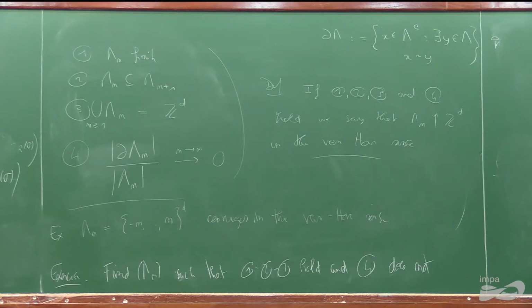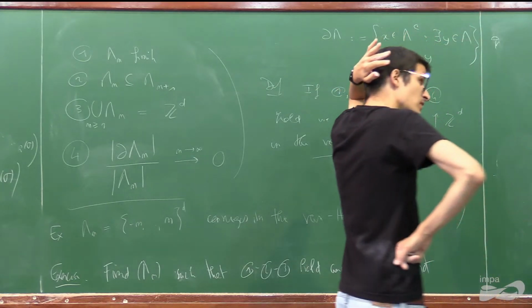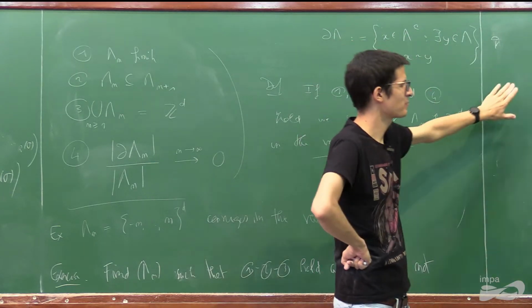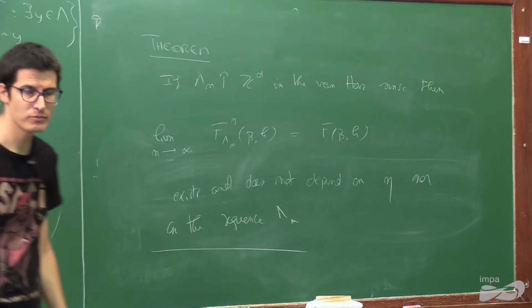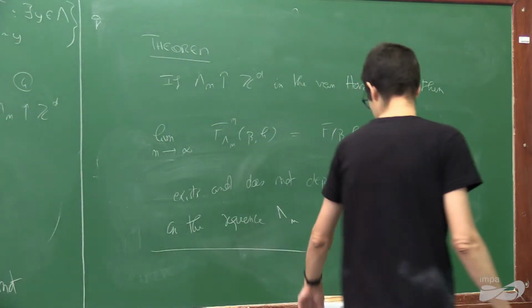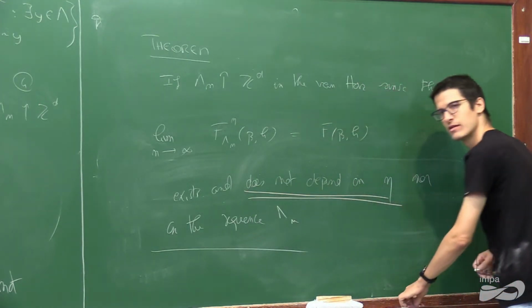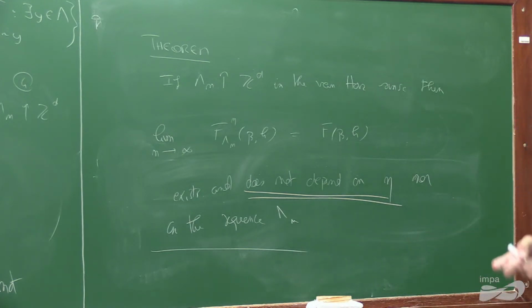Okay, so what we are going to do now to conclude is some preparatory work for the proof of this theorem. What I'm going to do basically is to prove this part first, that the limit, if it exists, does not depend on the boundary condition.